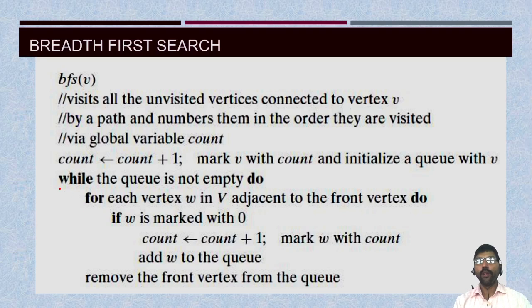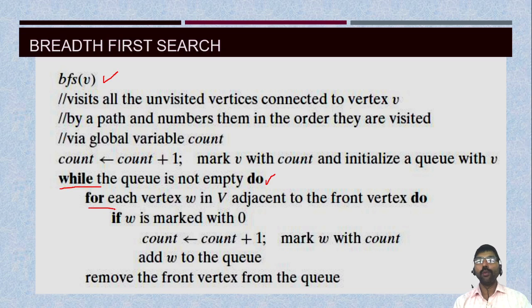In the next step, we have one while loop. This while loop will be executed until the queue is empty. Once the queue is empty, our while loop stops and this BFS algorithm exits.